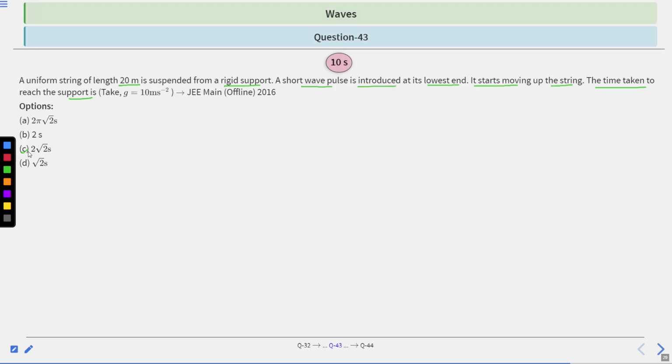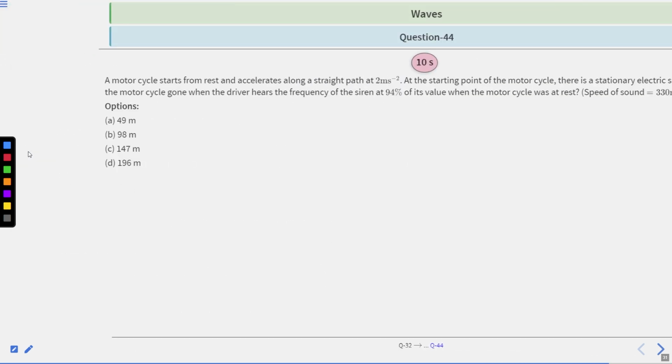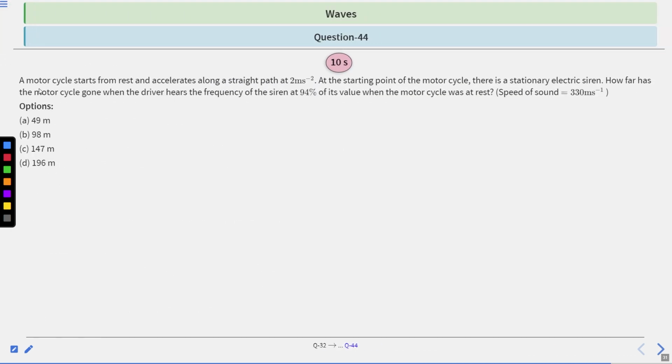Clear? Next question. Question 44. A motorcycle starts from rest and accelerates along a straight path at 2 meter per second squared. At the starting point of the motorcycle there is a stationary electric siren.